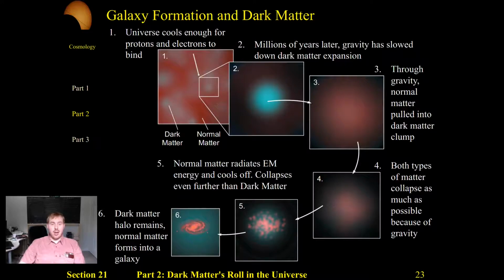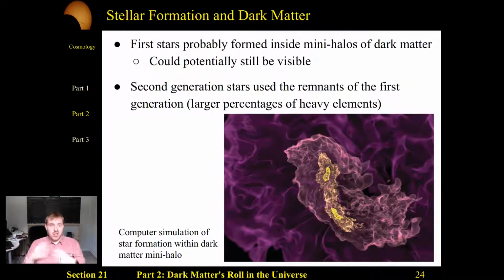So we've established how the presence of dark matter could act as a seed, as I've said before, that can eventually spawn galaxies. Well, another thing that these dark matter halos seeded was the first generation of stars. Here's a computer simulation of how hydrogen gas could have aggregated together inside one of these halos and started making the very first stars.